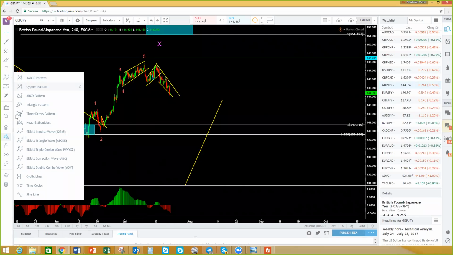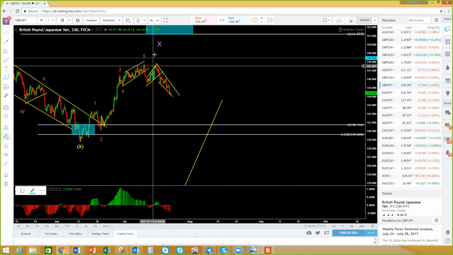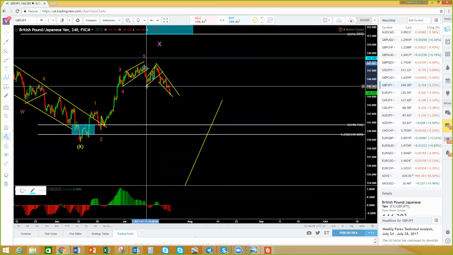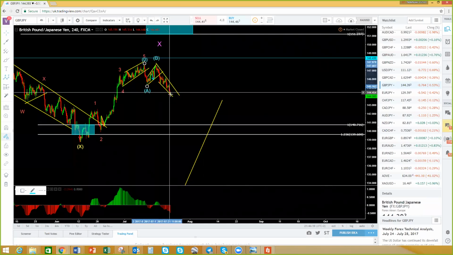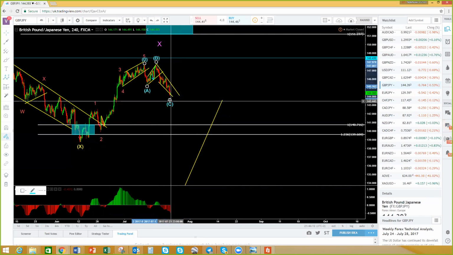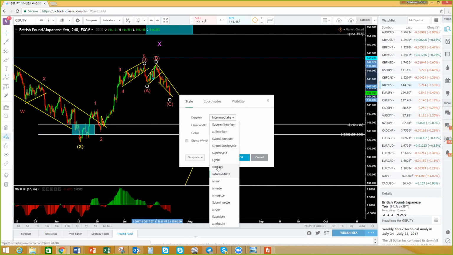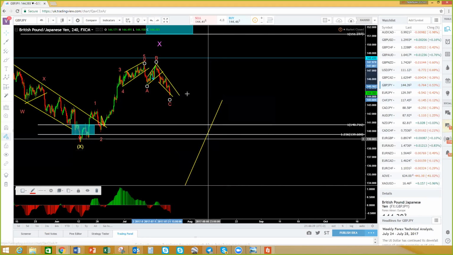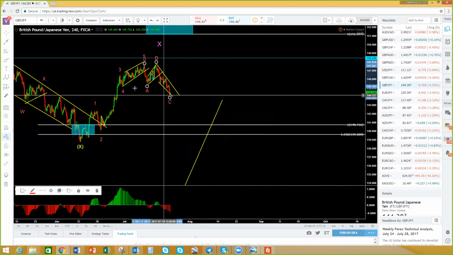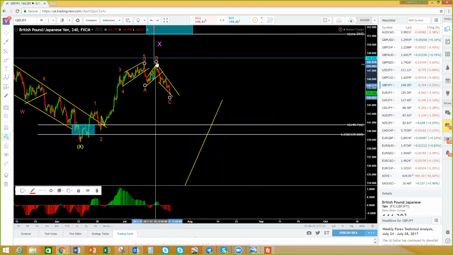Just label it for you. Proper degree. TradingView is very nice. It's better than MT4 in terms of its user friendliness, because everything is pre-populated, so it's very quick to label these charts.